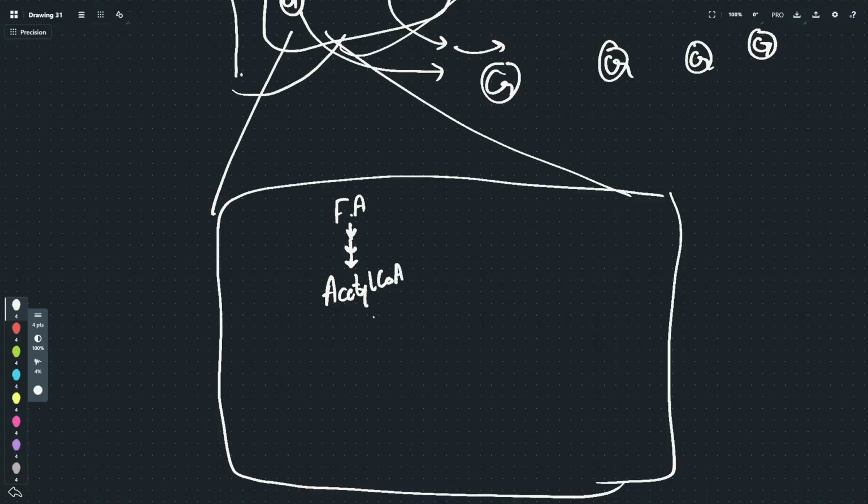It's very simple. Then acetyl CoA should undergo the TCA cycle, or citric acid cycle. Oxaloacetate should react with acetyl CoA, and then acetyl CoA should form different substrates of the TCA cycle.